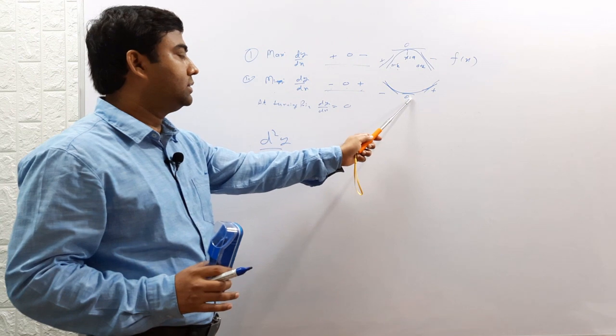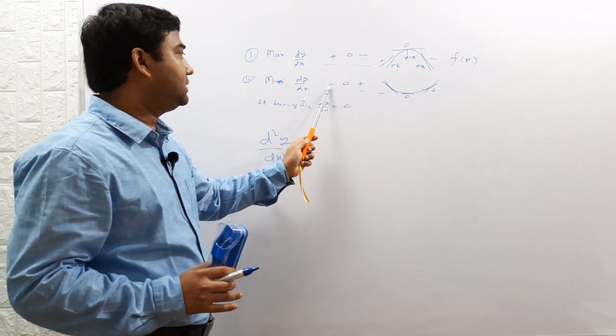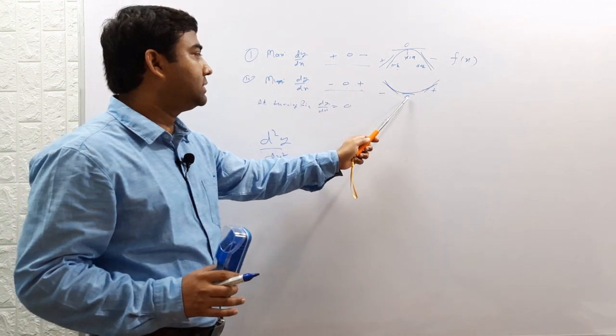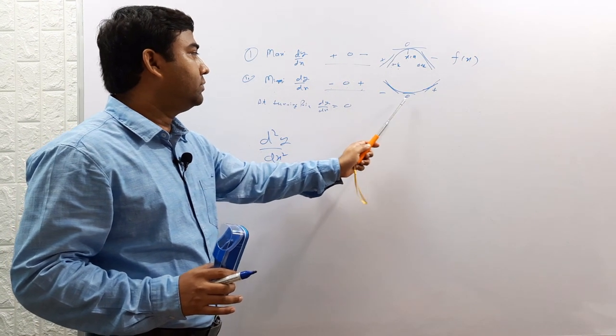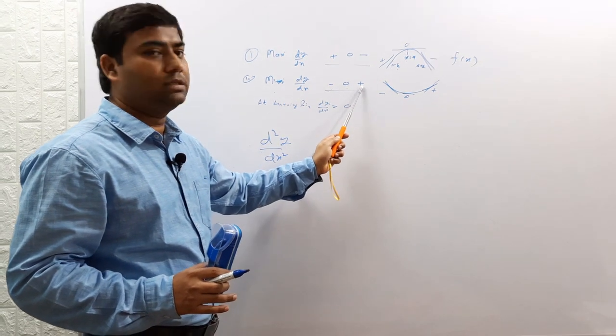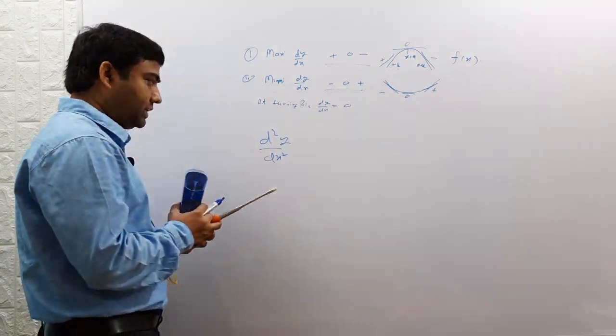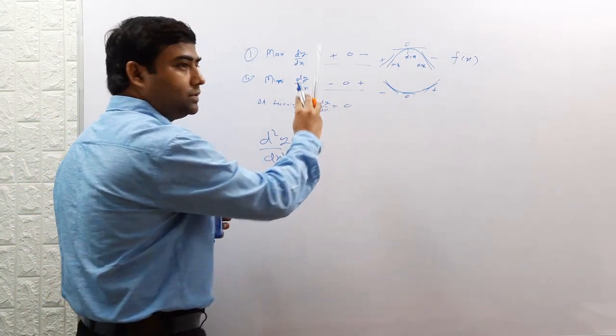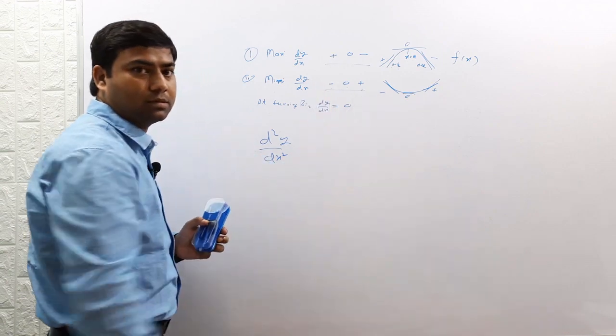Similarly for minima, you see the derivative is increasing: here it is minus. When the value of x increases, it gets 0. When the value of x is increased further, the sign changes to plus. So the derivative goes from negative to 0 to positive. It is an increasing function.